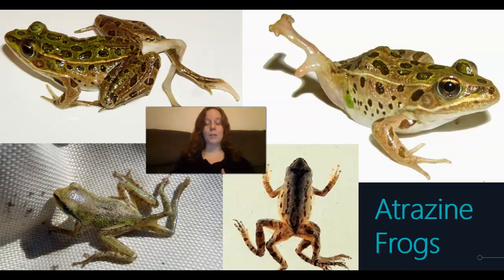So, if you expose these male frogs to low levels of atrazine, eventually those male frogs are going to turn into females. As in, you could introduce one of these atrazine male frogs to another male frog, and that atrazine male frog can have its babies.